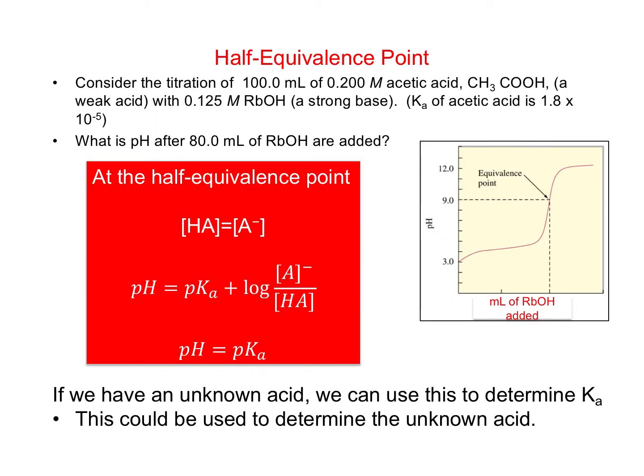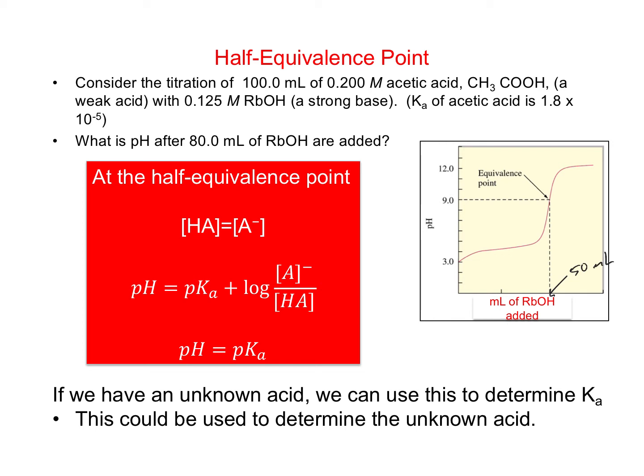Now, I do want to talk about a very important point in the titration of a weak acid with a strong base, and that's called the half-equivalence point. As an example, let's say, we don't have any numbers on this graph, but let's say the equivalence point occurred at 50 milliliters.